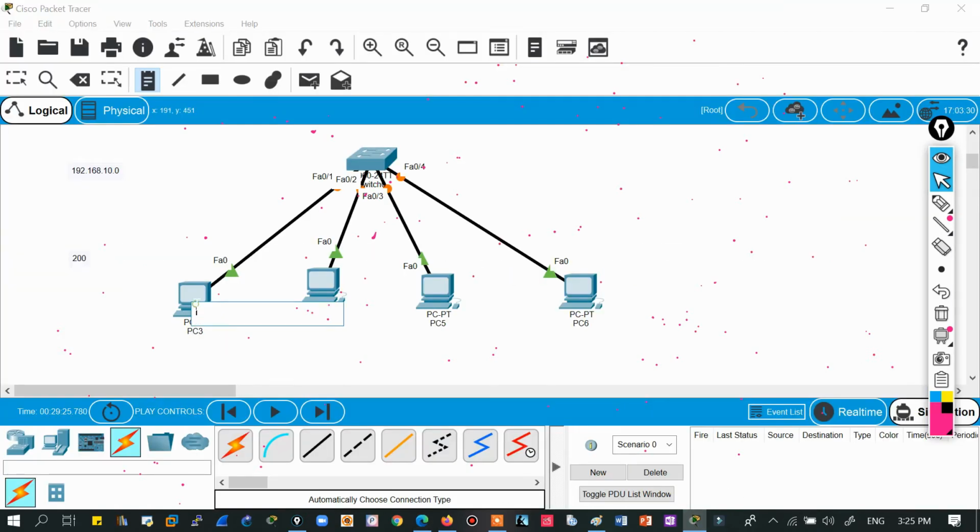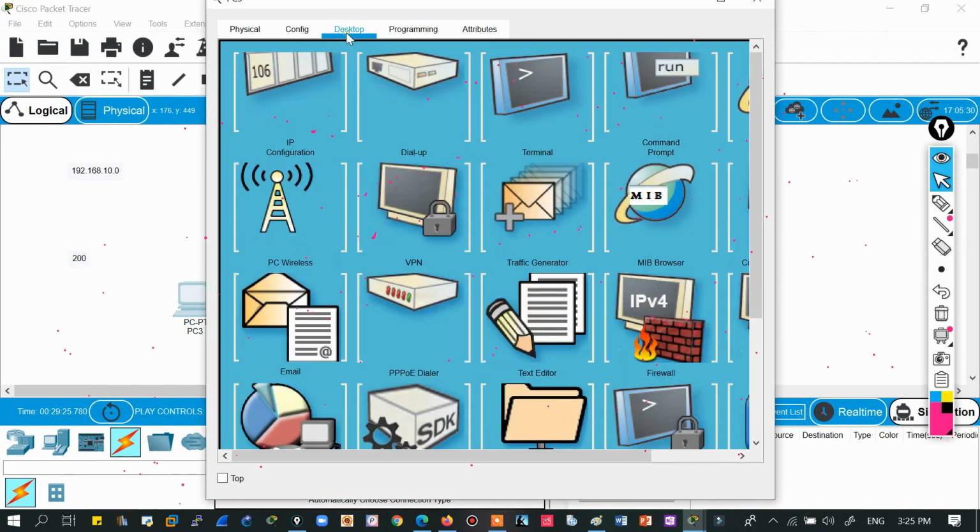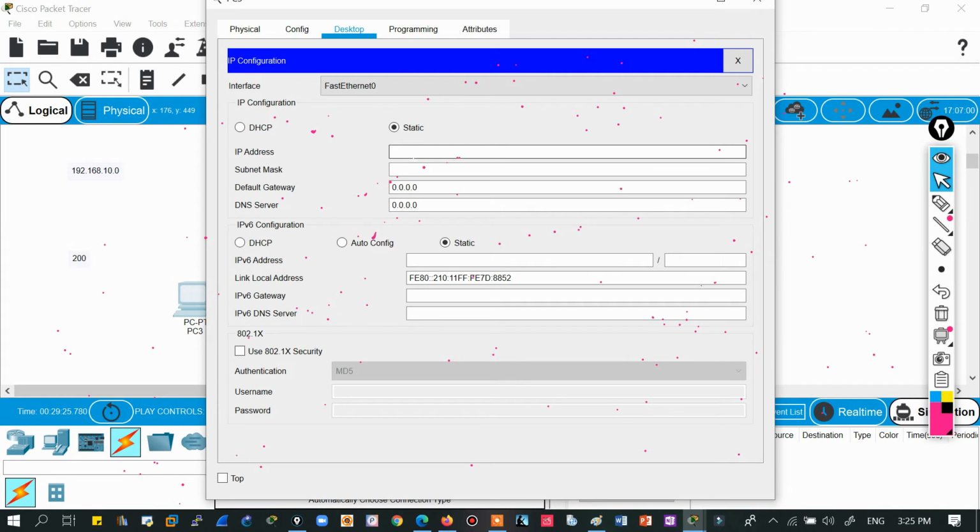When I'm assigning an IP on this device, if I assign an IP of class A, just keep looking at the screen, 10.0.0.1, and when you click on the subnet mask, what is that? 255.0.0.0. Okay, now remove it and assign an IP of class B, 172.10.0.1. So what is the subnet mask?